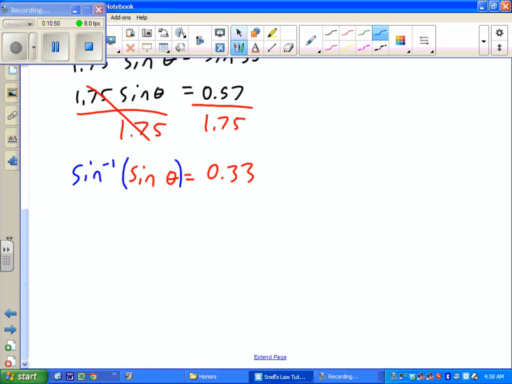I'm going to take the inverse sine of that and the inverse sine of that. The sines go away. I'm left with theta equals, and the inverse sine of that angle is 19.13 degrees.